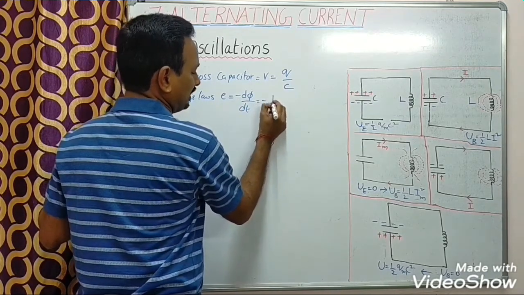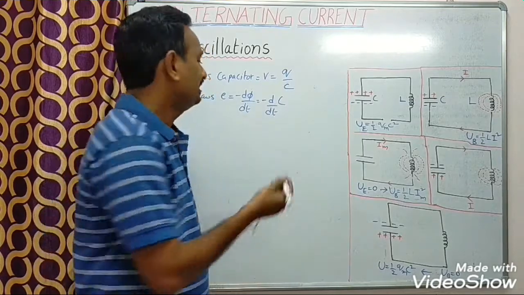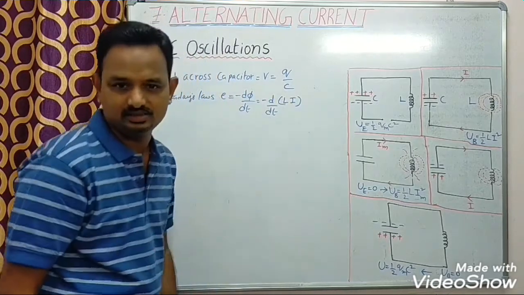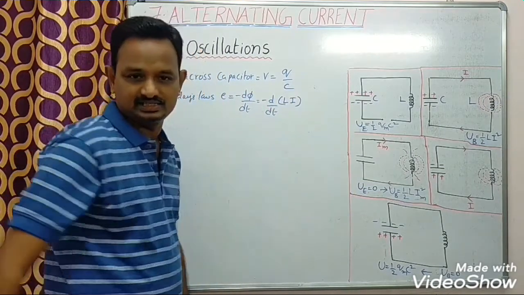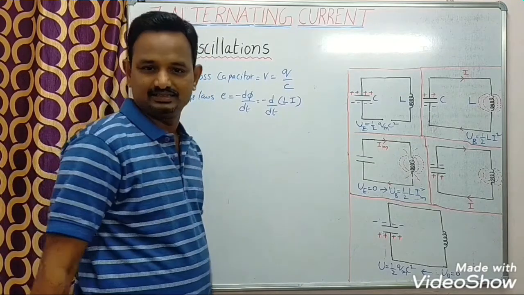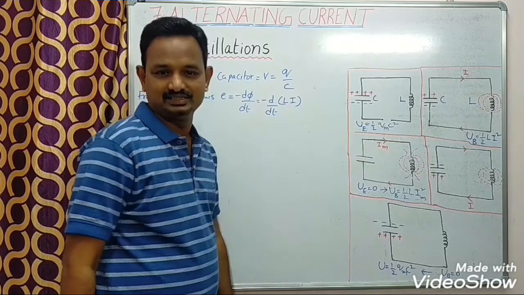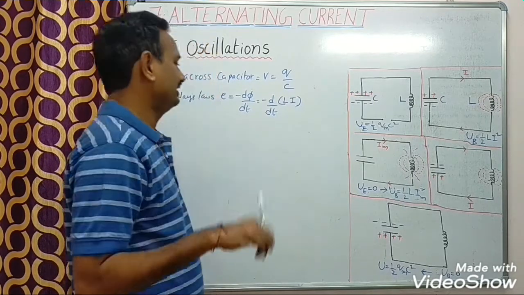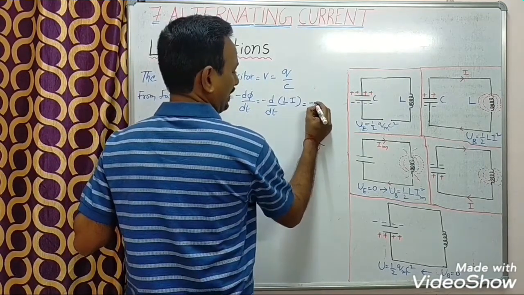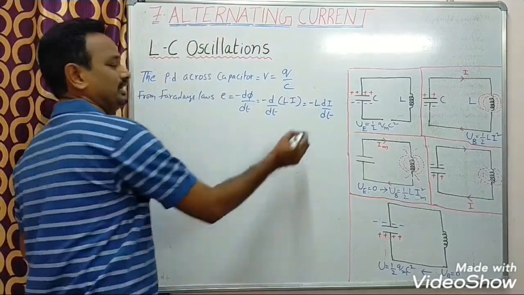Minus d by dt, instead of phi I can write L i, where L is the self inductance and i is the current flowing through that inductor. You already know about this from electromagnetic induction. Then here I can write minus L into di by dt.